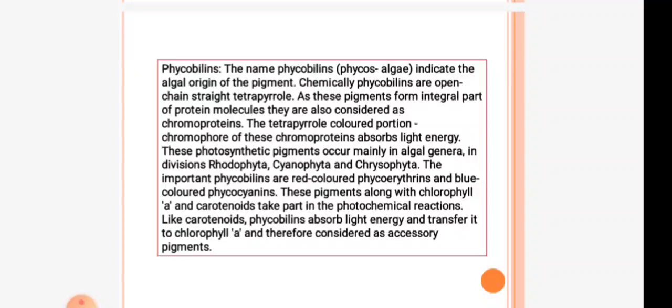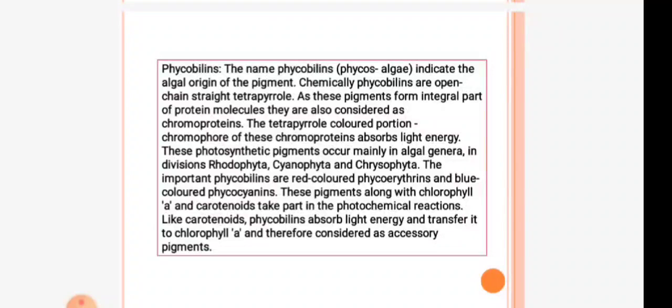The tetrapyrrole colored portion is called a chromophore, which absorbs light energy. These photosynthetic pigments occur in algae in the divisions Rhodophyta, Cyanophyta, Chrysophyta. The important phycobilins are red colored phycoerythrins and blue colored phycocyanin.